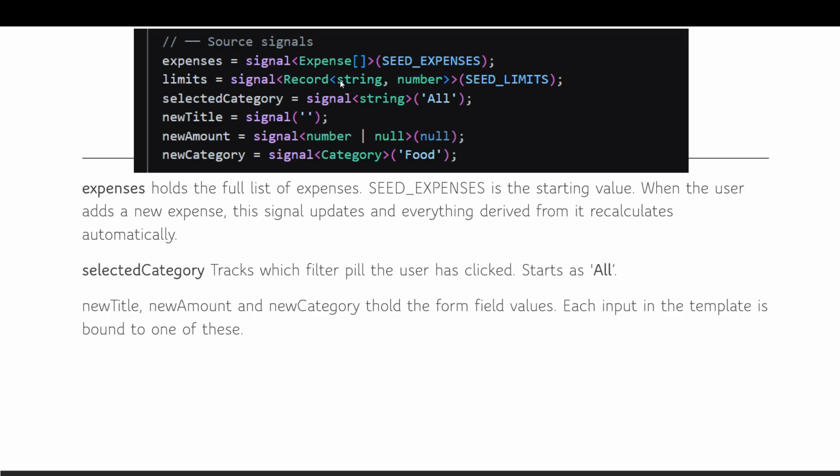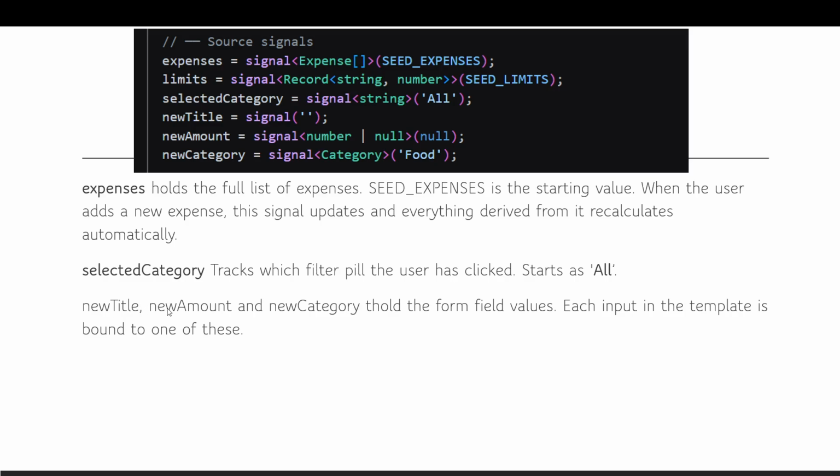If the limits have been modified by someone, it will be recalculated again. Moving further, selected category tracks and allows the user to select a specific category, and by default all is selected. When the user clicks any other category, the whole dashboard will be reevaluated and refreshed with the new values. We will see it in the videos in the coming slides.